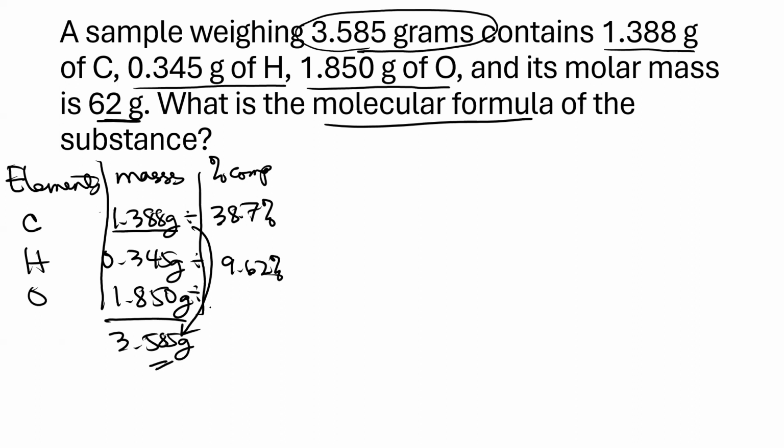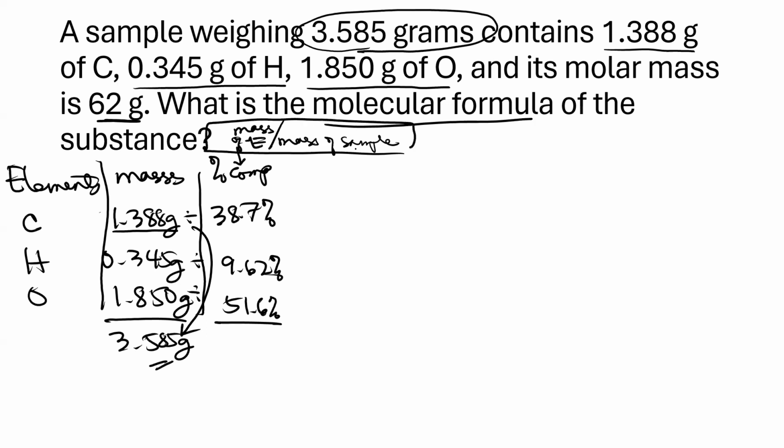And for oxygen, that's 51.6%, right? So again, we determine the percent composition by dividing the mass of the element over the mass of the sample. That's how we determined the percent composition. So this is more or less a 100% compound.